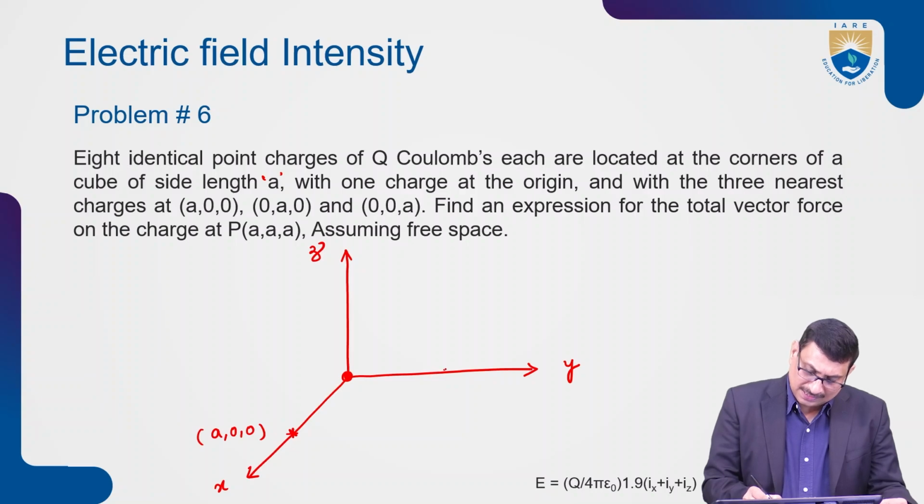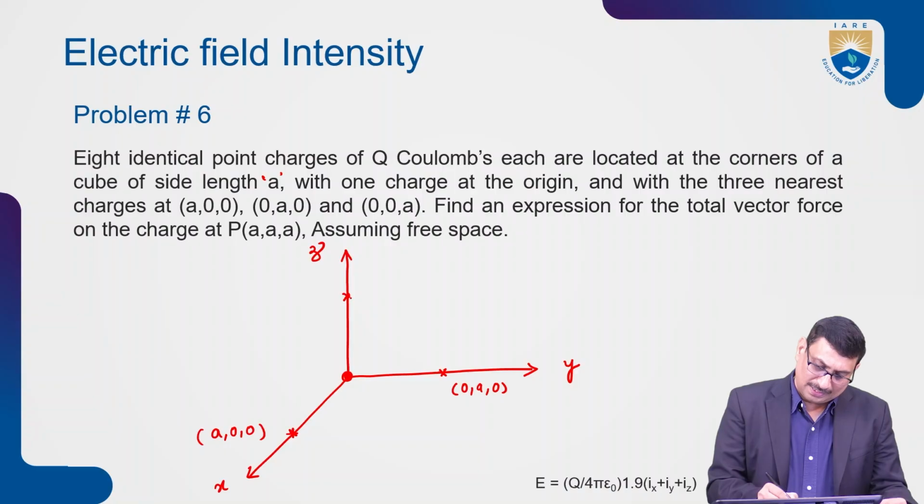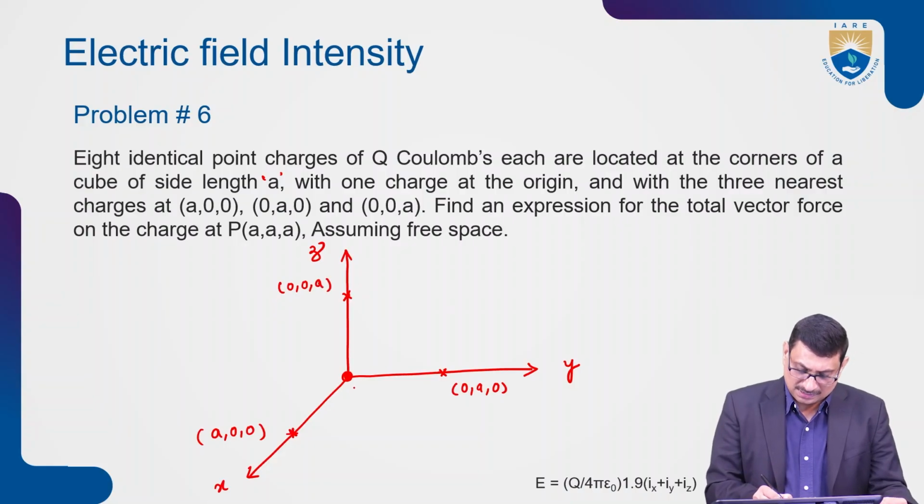Let us take another point on the y-axis. Therefore, this point becomes 0, a, 0. Another point on the z-axis is at 0, 0, a. So, these are the nearest locations, and this is the origin, 0, 0, 0.